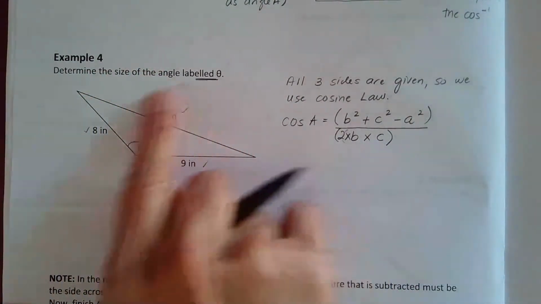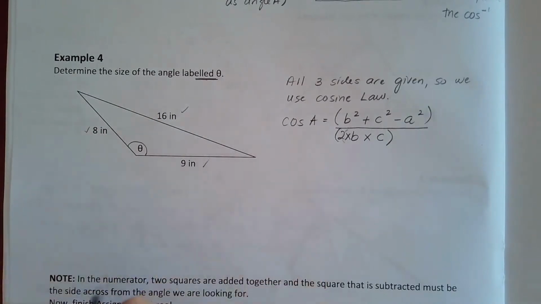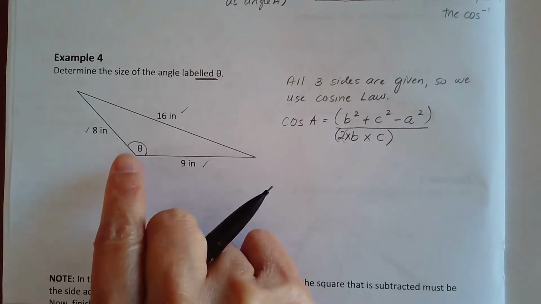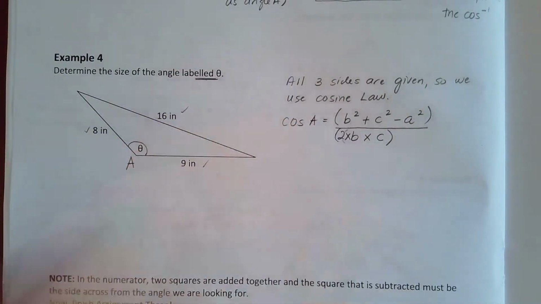We see this triangle right here. The important thing is that we should write down the right information in the right place.